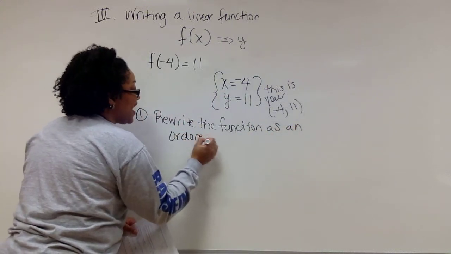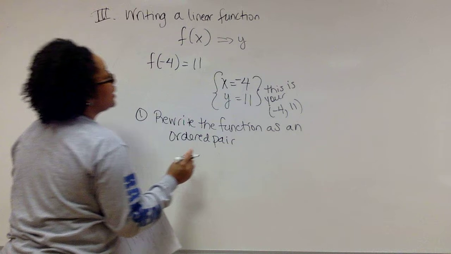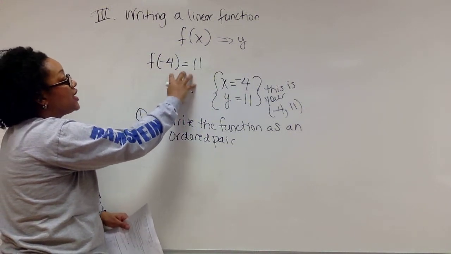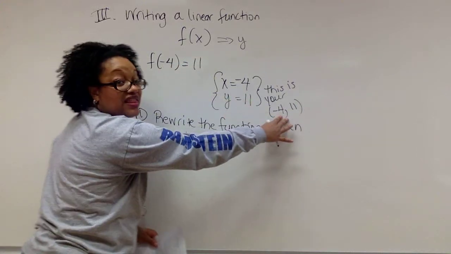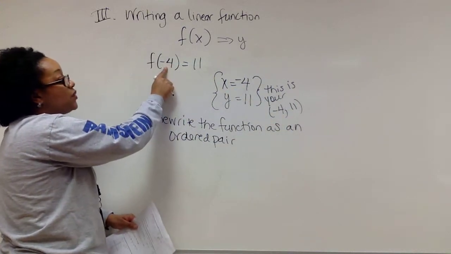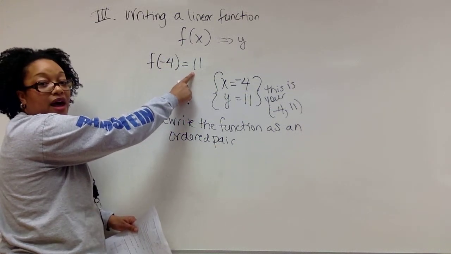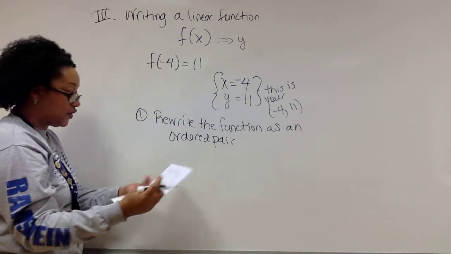So how do we do that? I just showed you. You're going to get information that looks like this. You've got to know to break it down to this. The value in the parentheses is your x. The value on the other side is your y. That's your ordered pair. That's the first thing you have to do.